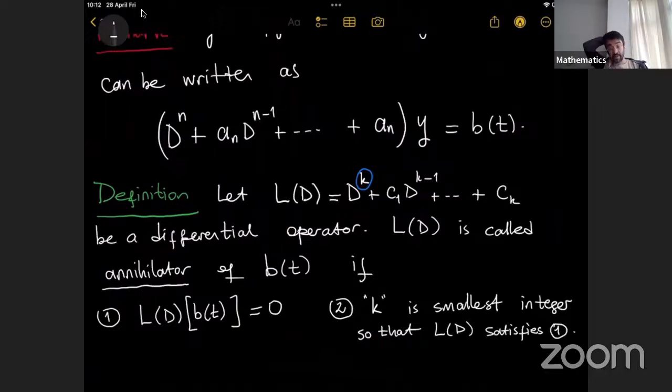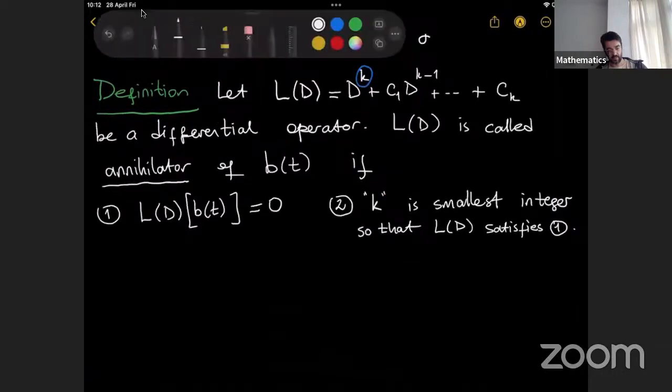The definition looks complicated, but it's not. I will explain with some examples, don't worry, okay? Let's do some examples and try to understand what's an annihilator.